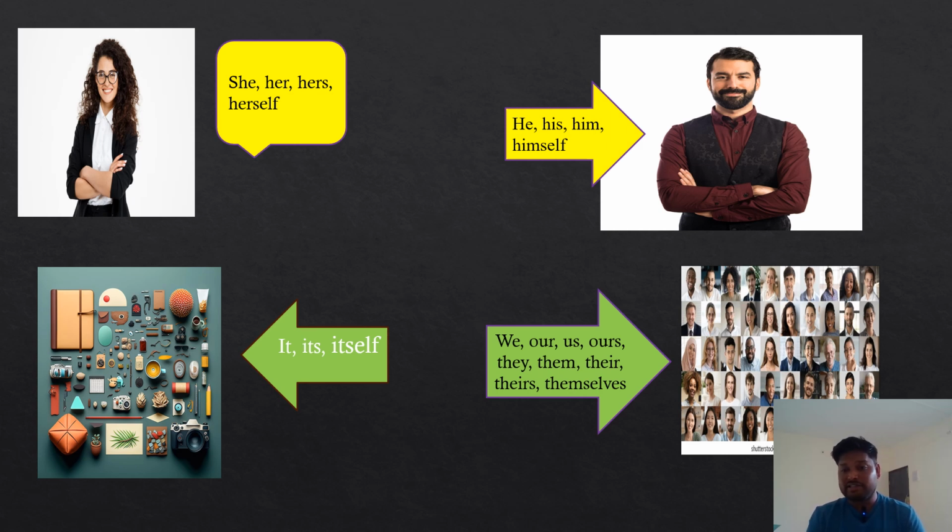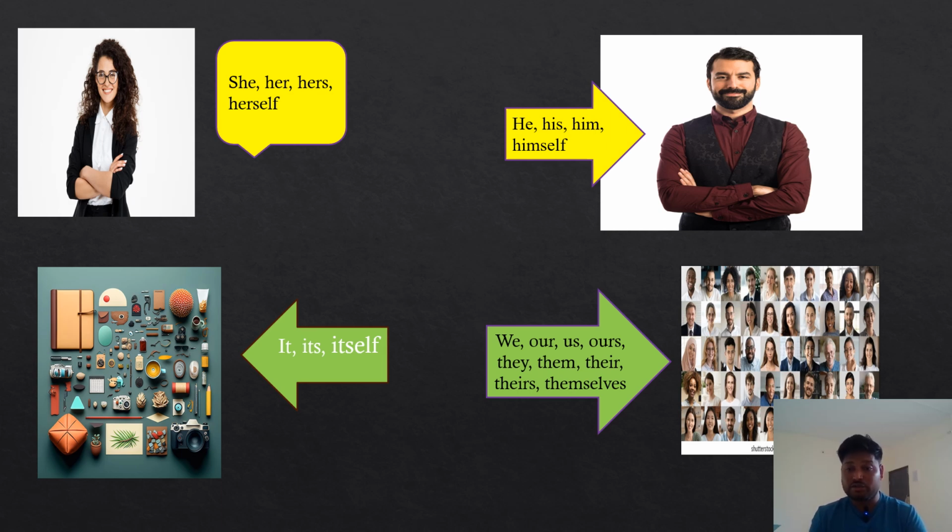The next pronoun is he, him, his, and himself. This pronoun is used for male. This is used for men. So instead of saying Rajesh, or anybody's name who is a man or who is a male, you will be using he or him. And that same pronoun can be used in different contexts.